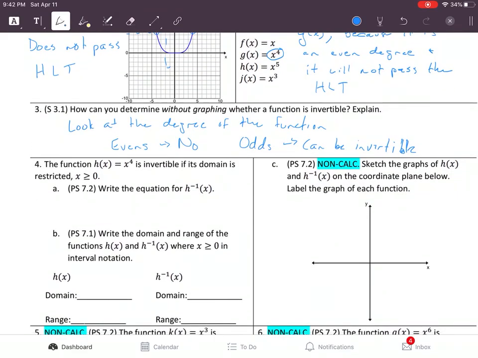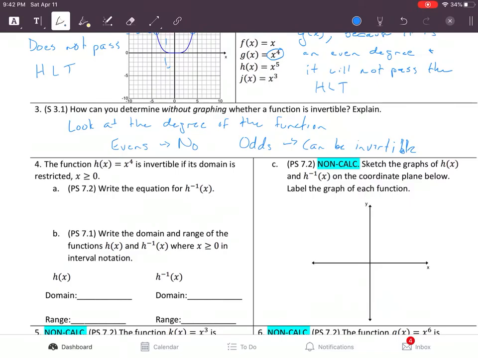All right, so number 4. For an even function, if you restrict the domain, so we restrict what we're looking at for the function, we can then invert it.